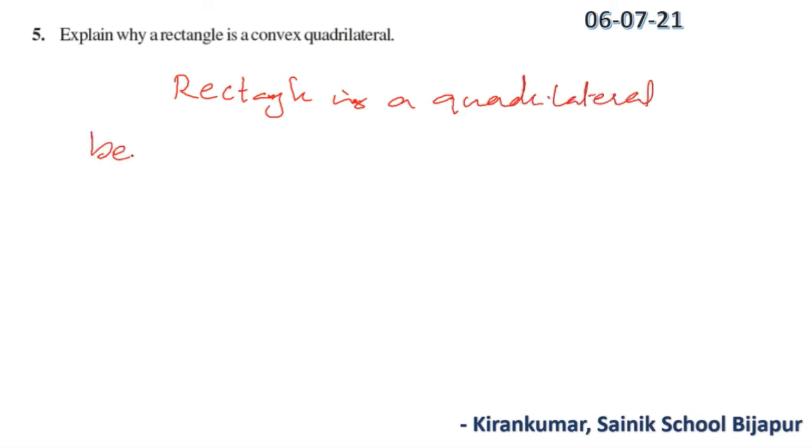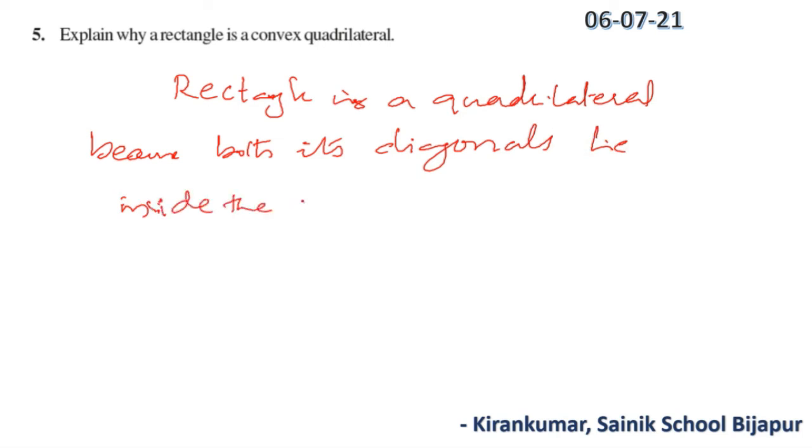A rectangle is a convex quadrilateral because both its diagonals lie inside the rectangle.